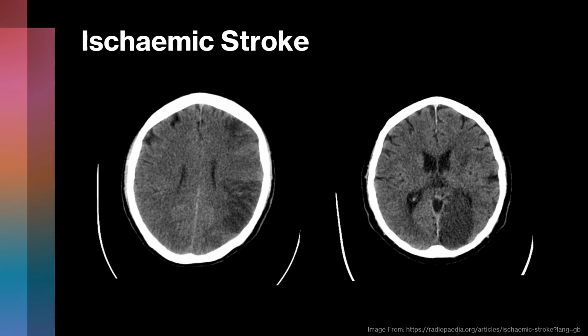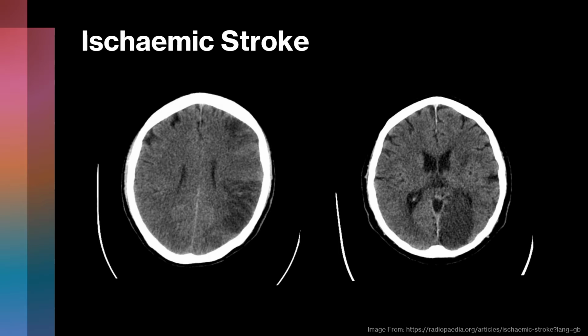So if we start now by looking at ischemic strokes, these are commonly due to an embolism or a thrombus and are associated with conditions like diabetes and cardiovascular disease, so atrial fibrillation. And you have varying degrees of changes shown on the CT scan depending on how soon the stroke occurred.